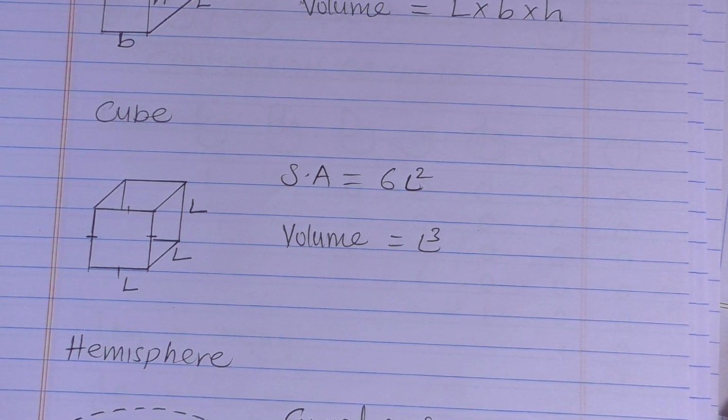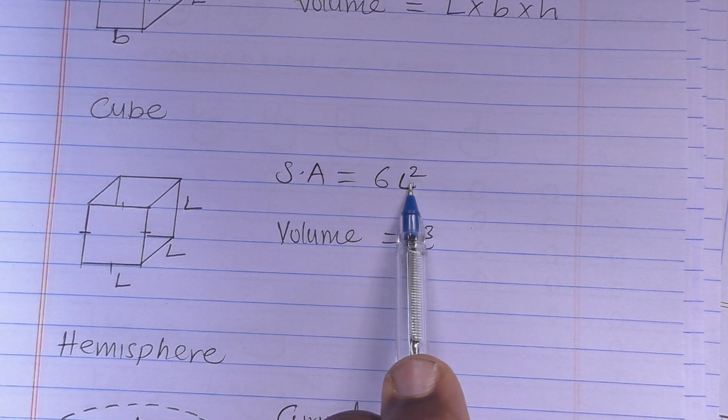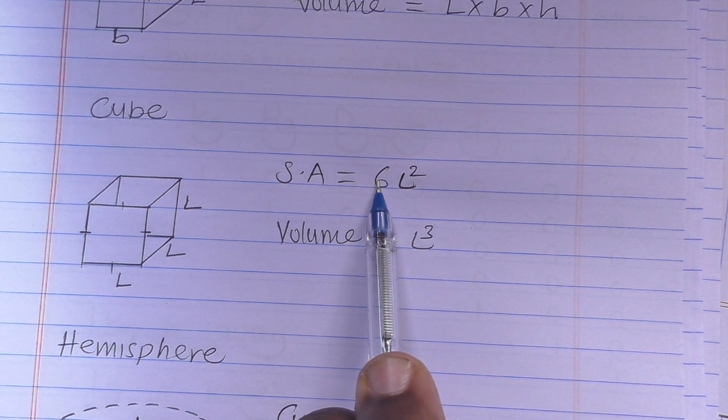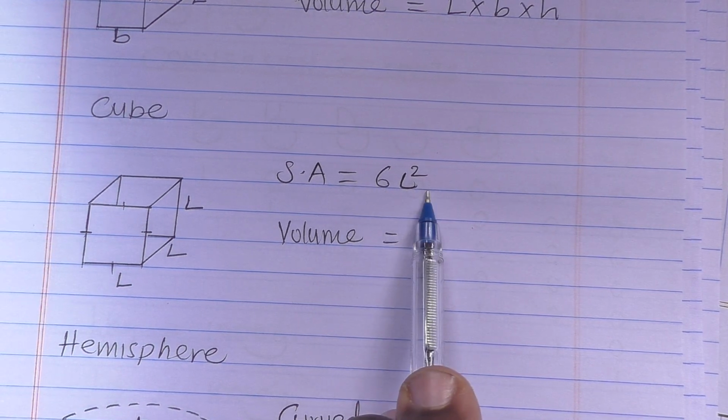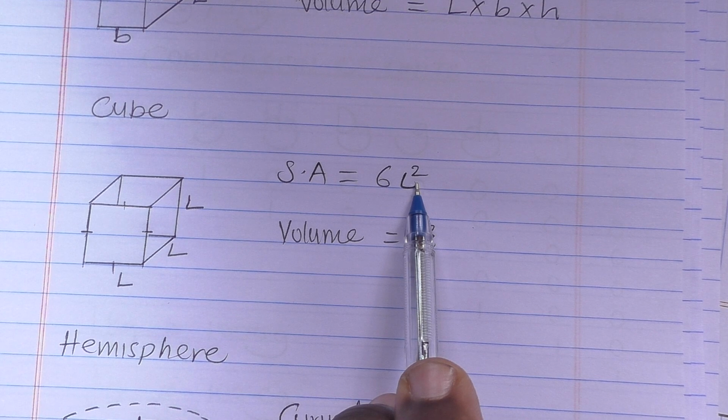That is a cuboid. Then a cube is where we have a box with all sides equal. Since the sides are equal, the total surface area will be the summation of the area of each face. But remember, these faces are equal. Therefore, we get the area of one face, which is L squared, times 6, to get us 6 L squared as the total surface area of a cube.